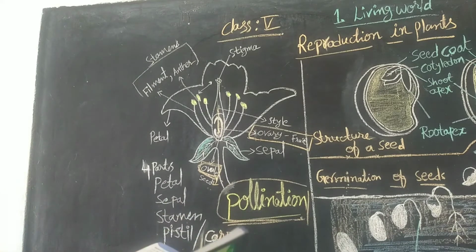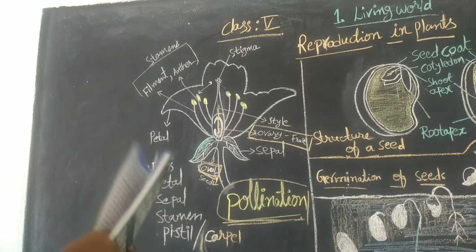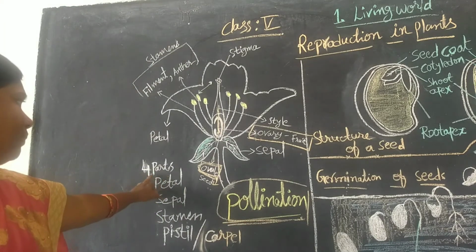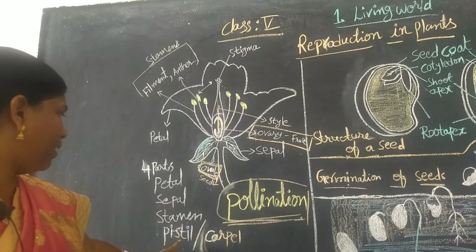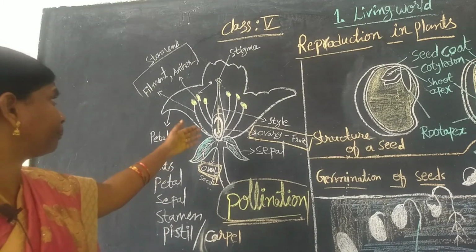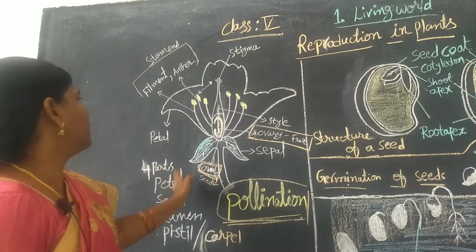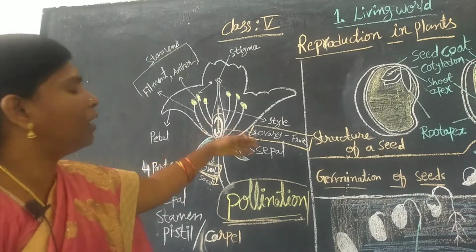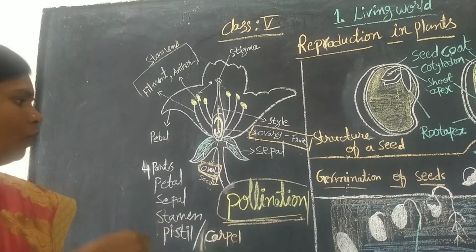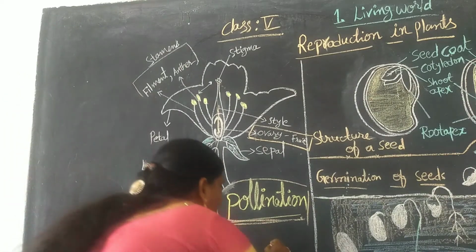Again I am going to explain what is pollination. The main parts of a flower are petals, sepal, stamen, pistil. Here petals attract the insects for pollination. Which insects are there?